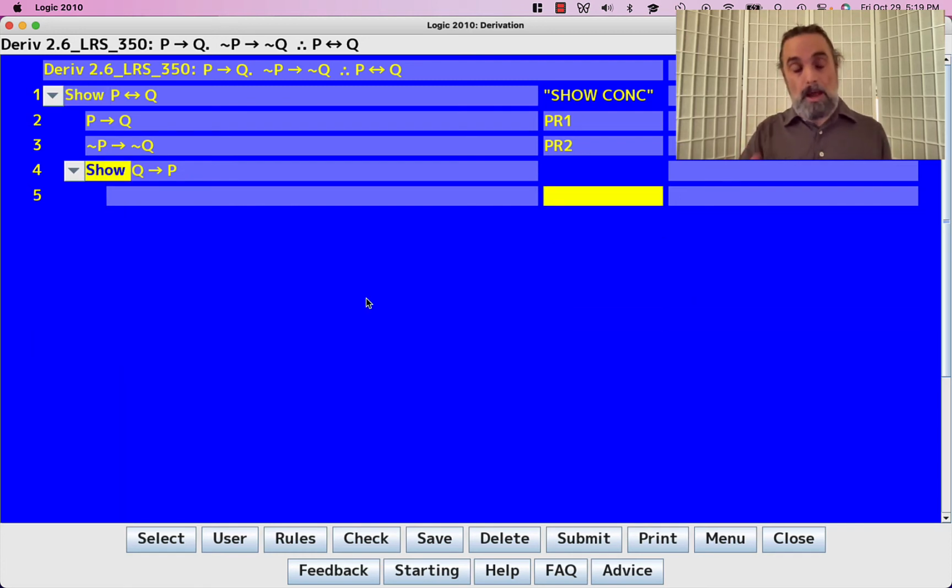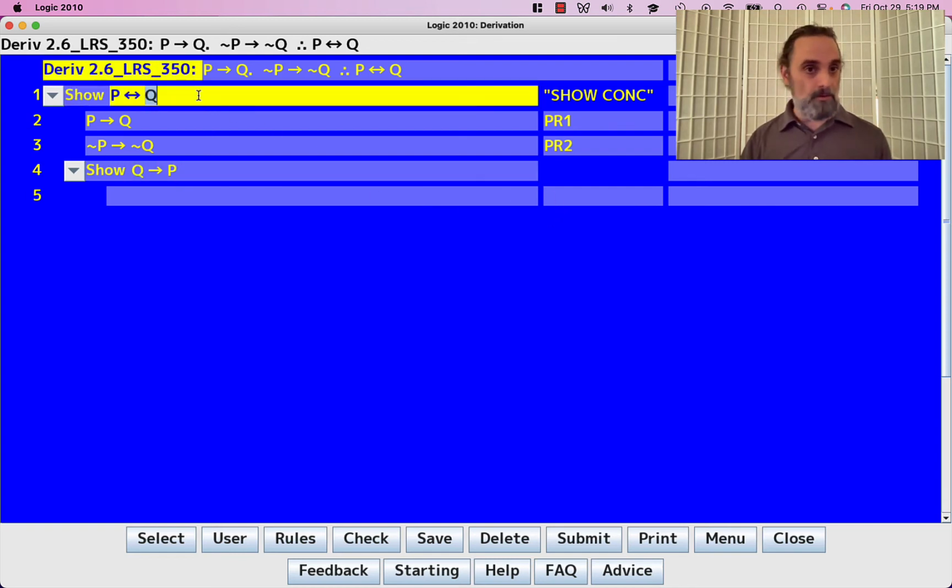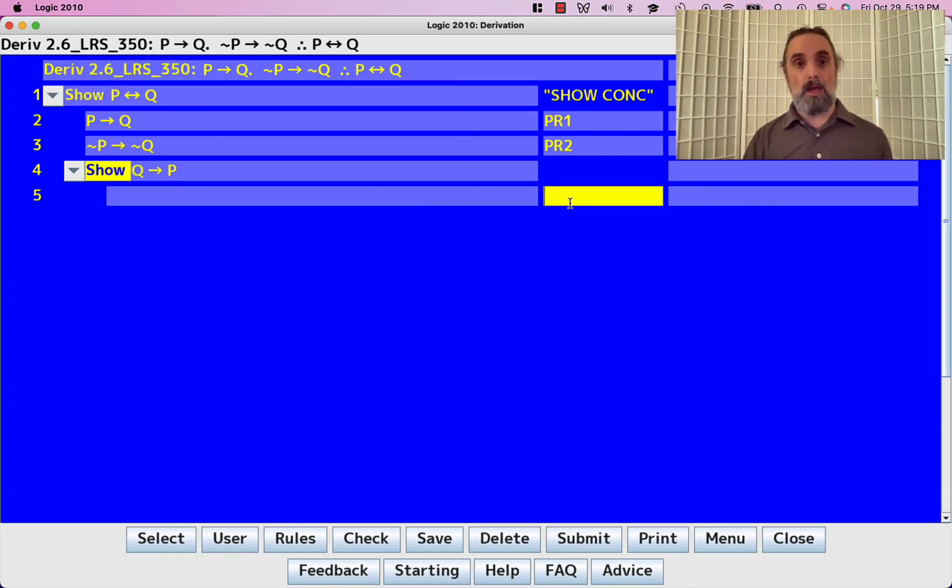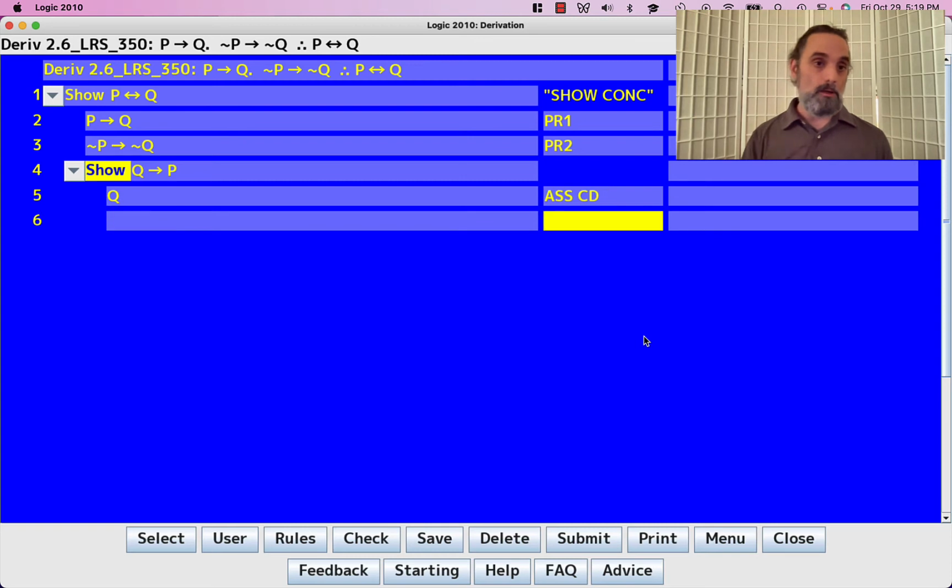Once we introduce this show line, we're not trying to show P if and only if Q anymore, we're trying to show if Q then P, and we should make an assumption, because whenever we can make a conditional assumption we want to, and we're going to say assume CD, giving us Q. What can we do with Q?